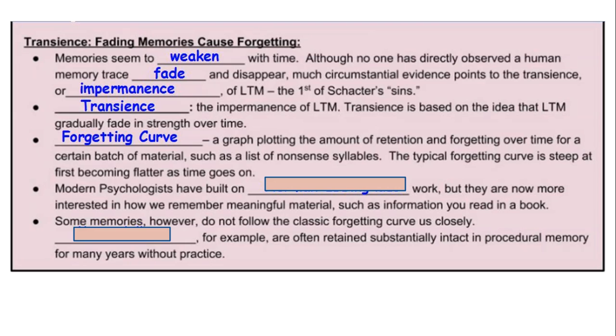Modern psychologists have built on Hermann Ebbinghaus's work, because it was Ebbinghaus who came up with the idea of the forgetting curve. But they are now more interested in how we remember meaningful material, such as information that we've read in a book. Sometimes the forgetting curve is known as the L to J, and I'll mention that in just a little bit when we take a look at the graph.